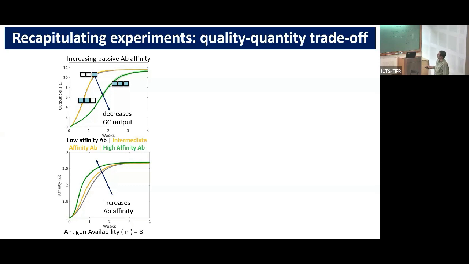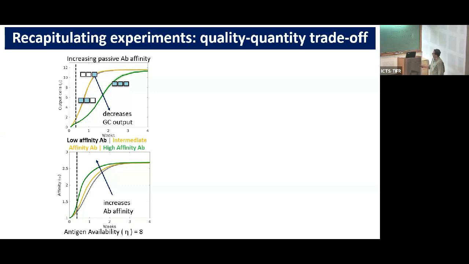As I increase the administered antibody affinity, the actual absolute amount of antibodies that are produced goes down. And this is because you've made selections very stringent. So fewer B cells are getting selected, but they have much higher affinity for the targets. So correspondingly, you see antibody affinities actually increasing. So this is your quality-quantity trade-off. So you lose quantity, but you improve on quality as you increase the affinity of the passively administered antibodies.